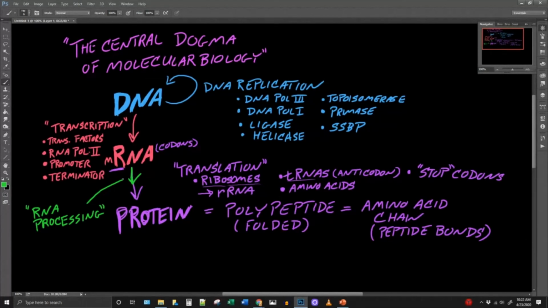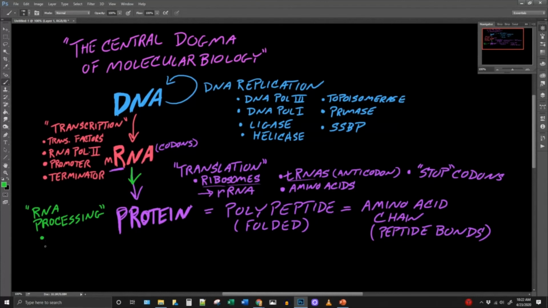And the reason why we need that step is because some of the information in genes is not necessary to making the polypeptide. Some of it is what we call non-coding DNA. And when transcription goes through, we copy the entire gene, even the stuff that we don't need. So we have to cut out the extra bits that are not required. And that's what RNA processing is for.